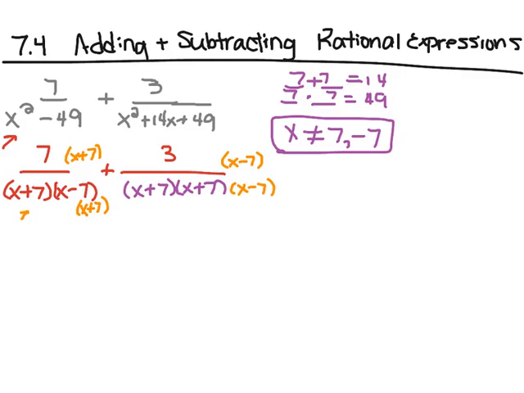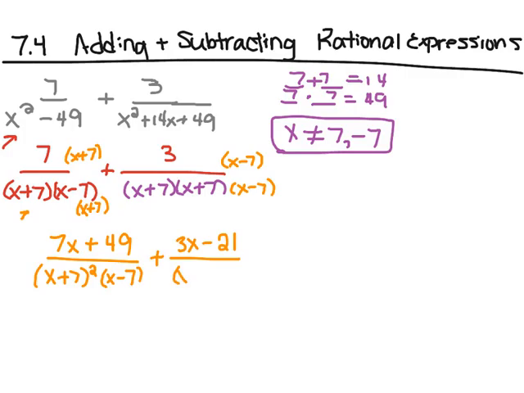So we should be left with 7x plus 49 over (x plus 7) squared (x minus 7) plus 3x minus 21 over (x plus 7) squared (x minus 7). And of course we were distributing this 3 in and this 7 in.